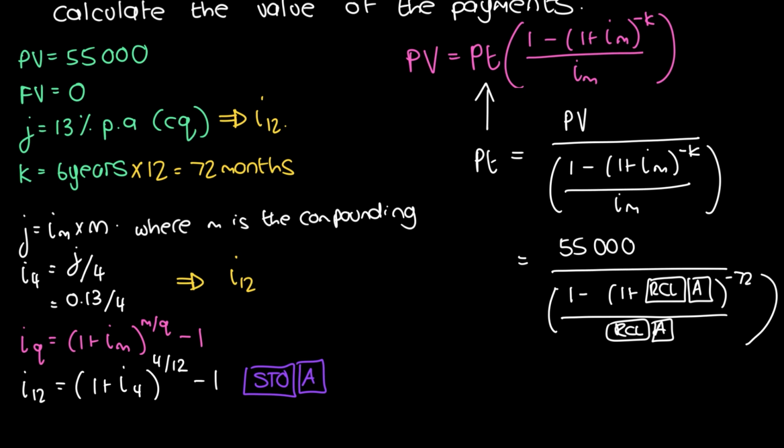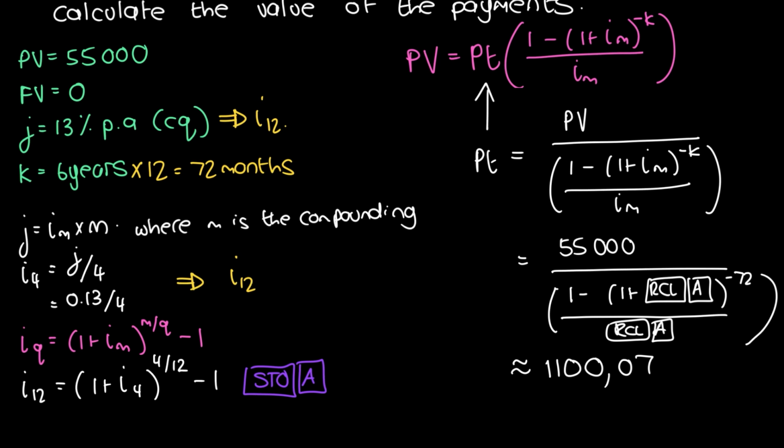And if you put it into our calculator, we are going to get approximately equal to 1100.07. Why approximately equal to? Because it's actually going to be 1100.063956, but we're rounding off to 2 decimal places.